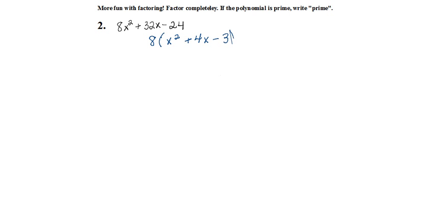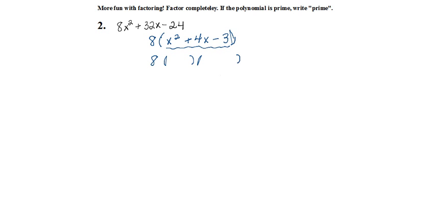Okay, so let's look at this one. Whenever we go to C, now I don't have to do the AC method for what's left inside here because I don't have a coefficient that is not equal to 1. I have a 1 out in front. So how would I factor this one? I would keep my 8, okay, and then I would have these 2 factors, okay, and then what do I need to think about?